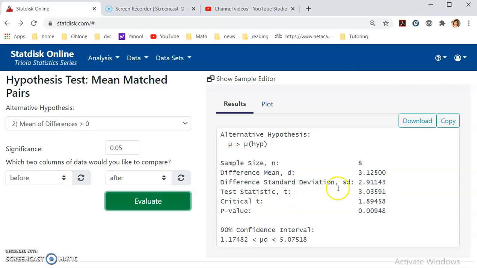So test statistic T is 3.04. And then p-value 0.0095, right? So it seems like a very rare sample compared to the null hypothesis of no difference. And then you have a confidence interval of 1.17 to 5.08.